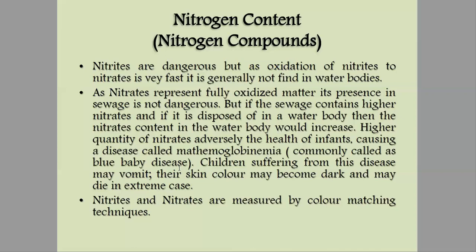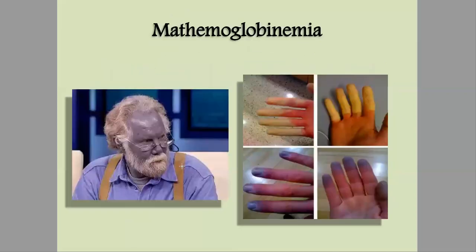What happens in that disease? They may vomit, their skin color may be dark, and they can die in extreme cases. And we measure the concentration of nitrites and nitrates by color matching techniques. This is an example of methemoglobinemia, that is blue baby.